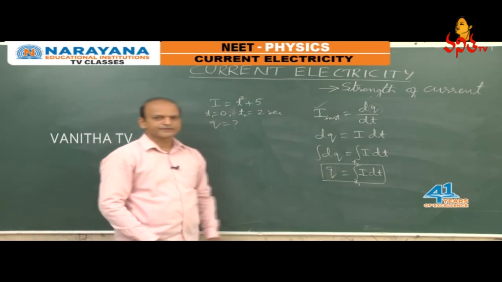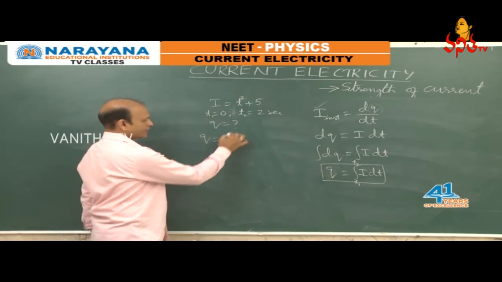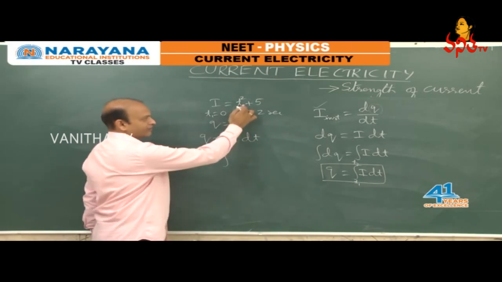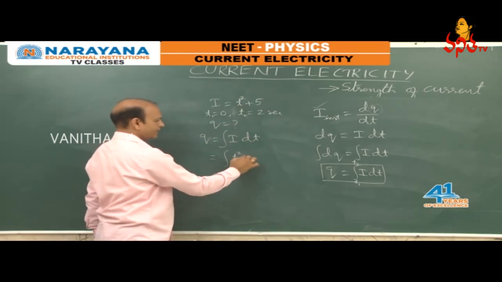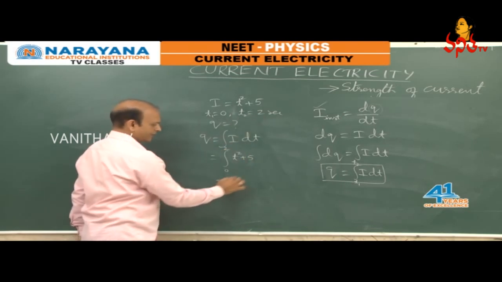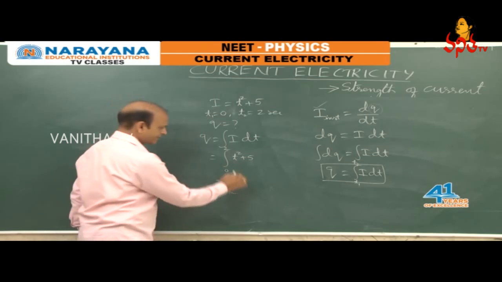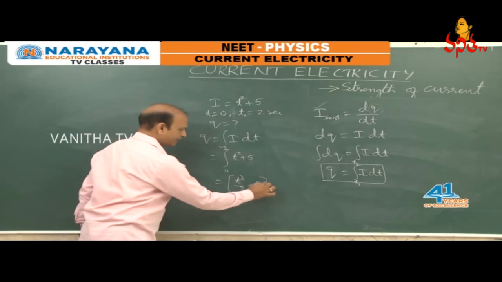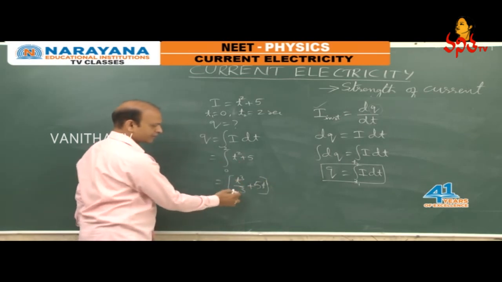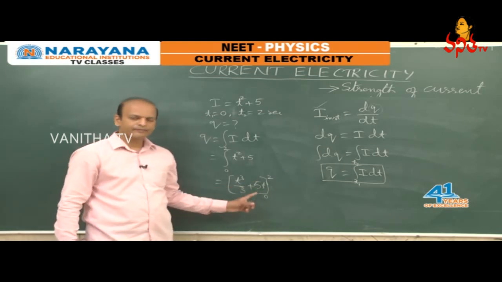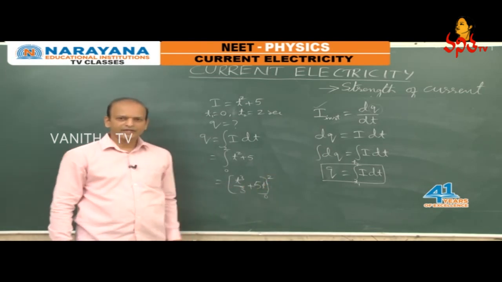Then we substitute in this. So q equals integral I dt, with I given as t square plus 5, from 0 to 2 seconds. The integration of this is t cube by 3 plus 5t. We calculate the interval from 0 to 2 seconds.